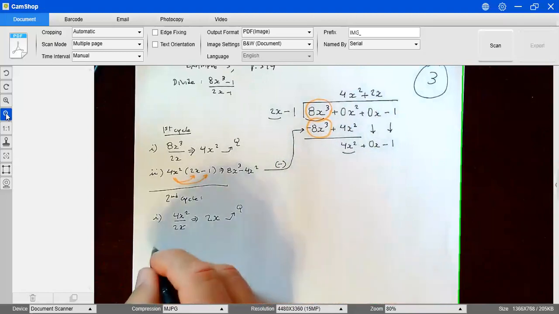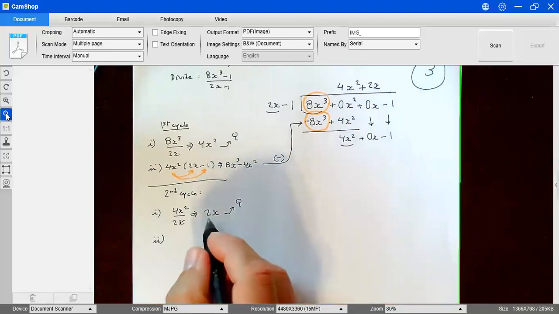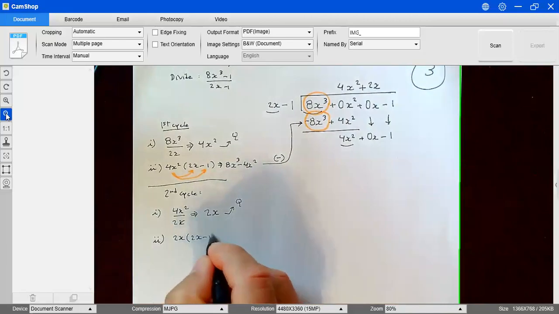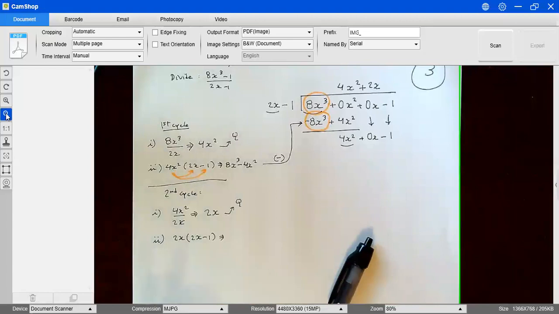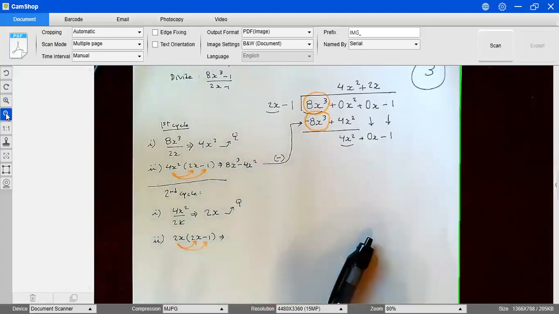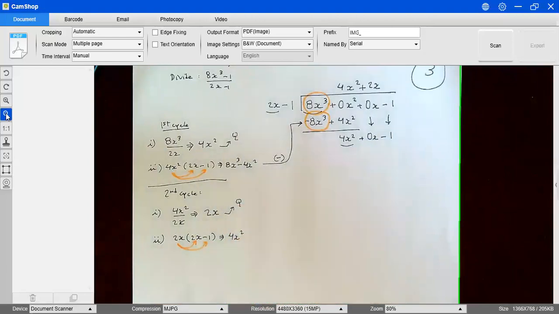So then we're going to multiply 2x and the entire divisor. So we're going to need to apply again the distributive property. So we're going to multiply these 2 and these 2. So 2x times 2x is going to be 4x squared.